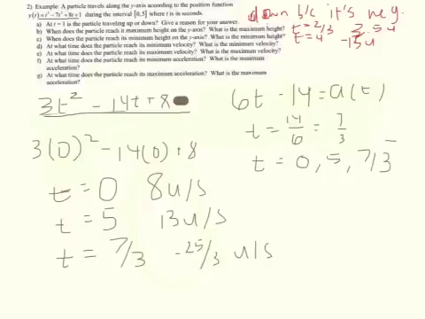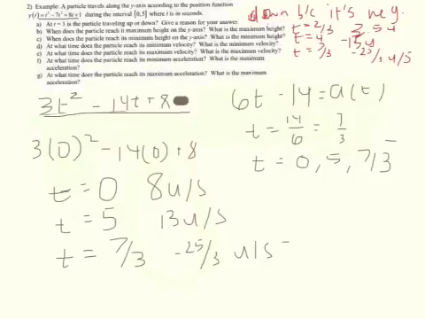Okay, again to save time, I just solved it on the side. So now for the minimum velocity, same thing. The minimum is the smallest number, which would be this one. So the answer would be t equals 7/3, which is negative 25/3 units per second.